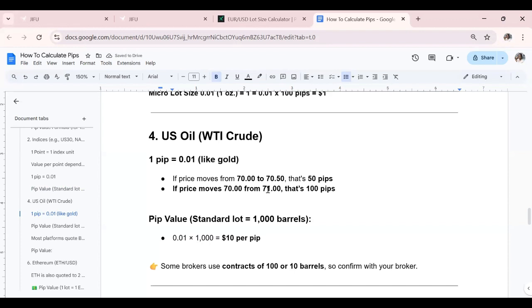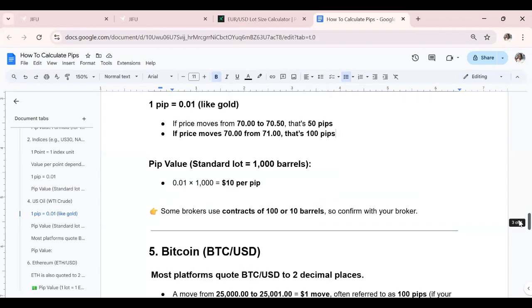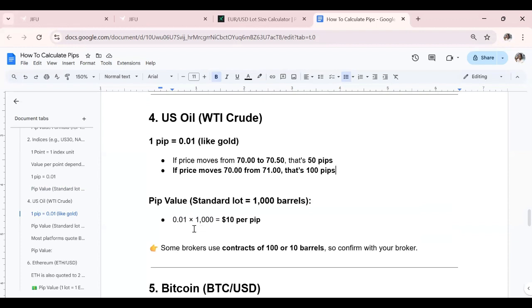Now, a standard lot is equivalent to 1,000 barrels of crude. So if you want to calculate the dollar value for oil, we want to find out the dollar value for a single pip of crude oil.